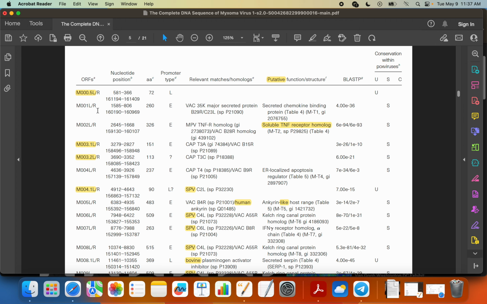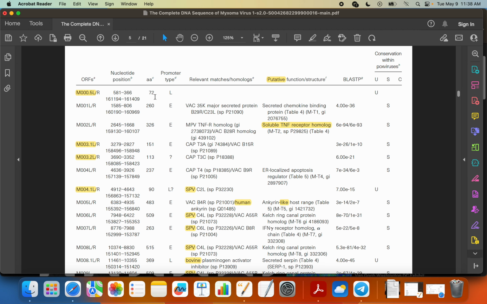And they kind of number it or code it in this way. It just goes in sequential order, sort of, and it tells you how long the proteins are. This is 72 amino acids long, and so you multiply that by 3 to get you the length of the nucleotide.